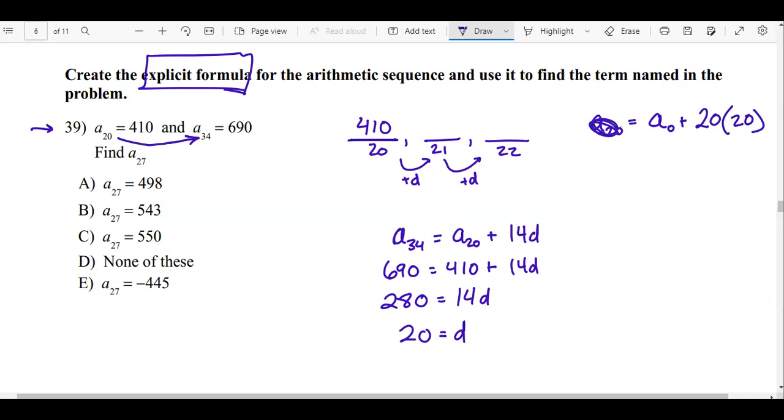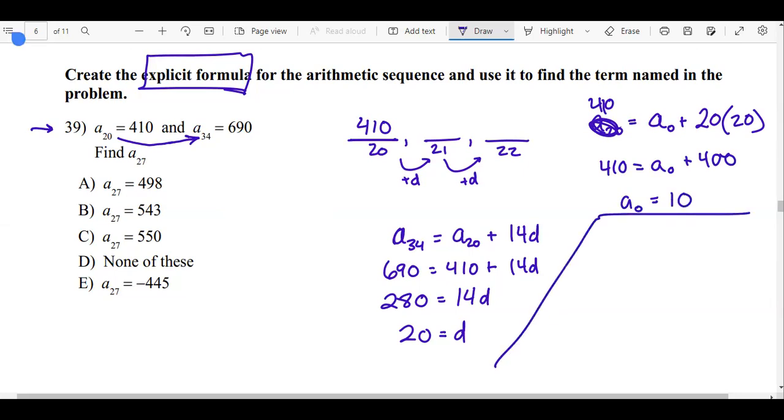So term 20 is 410. 410 is term 0 plus 400. Term 0 is 10. And so now we can write our explicit formula. Any term is just 10 plus 20 times the term number.